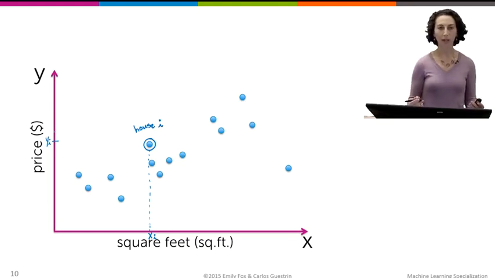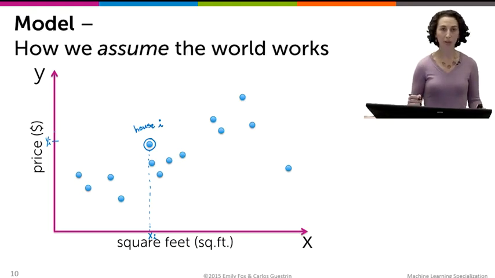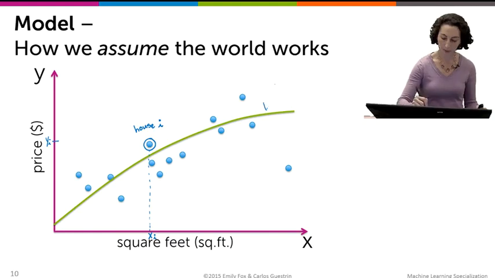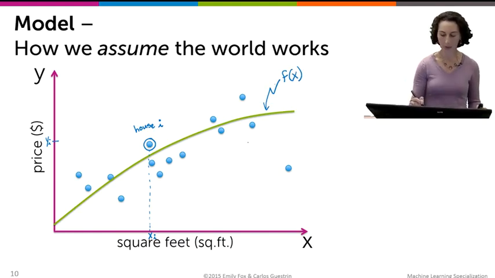Okay, so this is my data, and what my model represents is the expected relationship between x and y. Remember, that's what we're trying to figure out, because if we have that relationship, we can use it for predicting the value of my house that I'd like to list for sale. So we're going to assume some relationship, which is some functional relationship. I'm going to call this some function f of x.